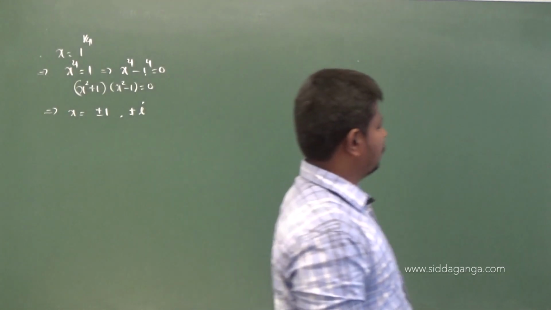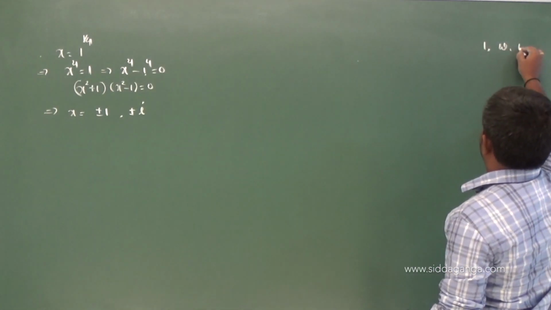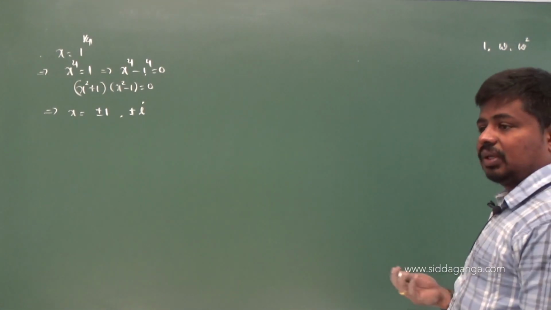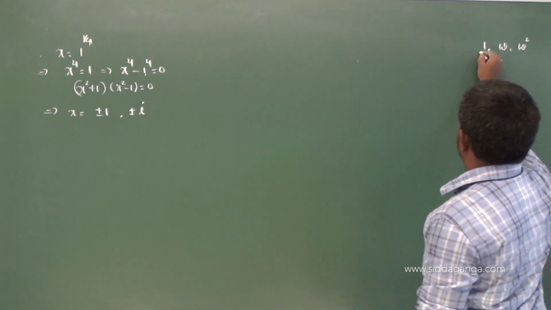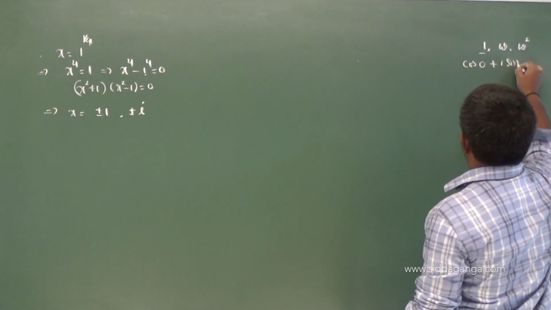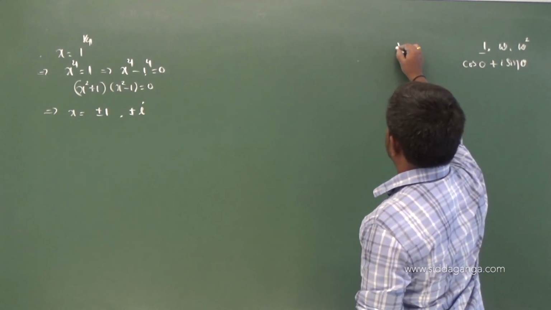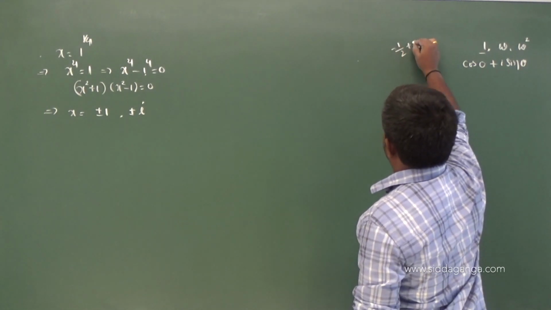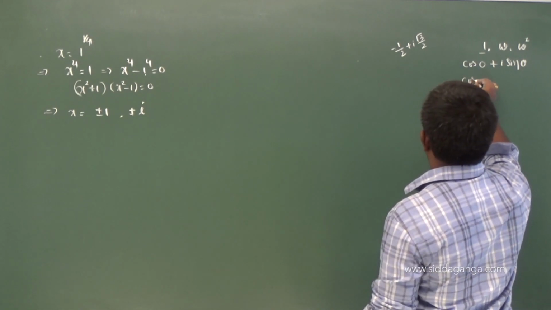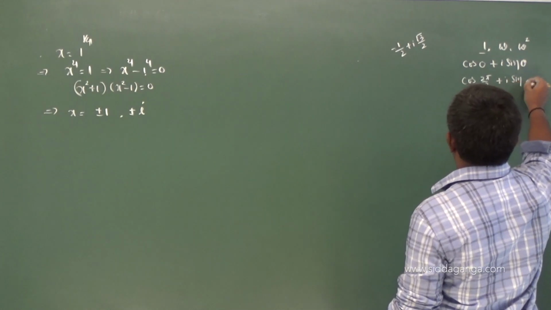In case of cube roots of unity, we have 1, omega, omega square. These roots can be represented in terms of Euler form. One can be written as cos 0 plus i sin 0, and the second one, omega, that is minus 1 by 2 plus i root 3 by 2, I can write as cos 2 pi by 3 plus i sin 2 pi by 3.